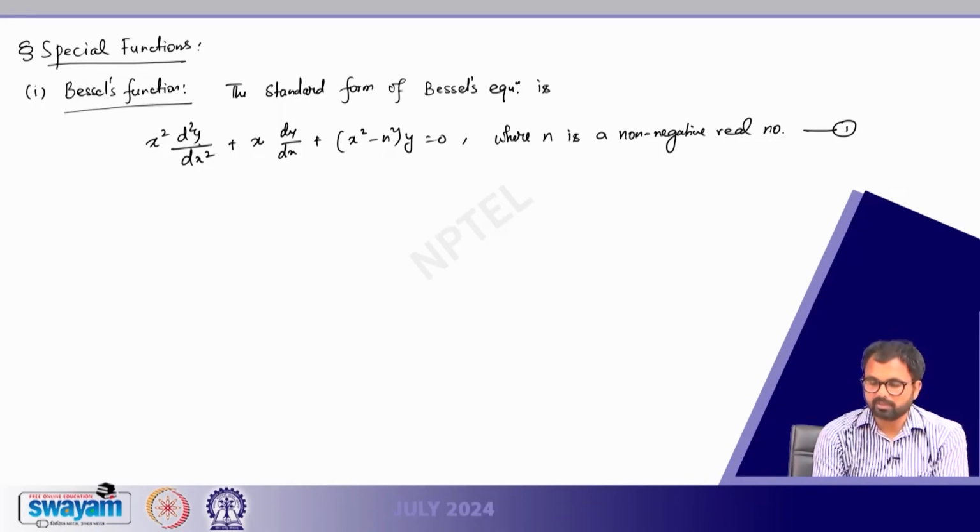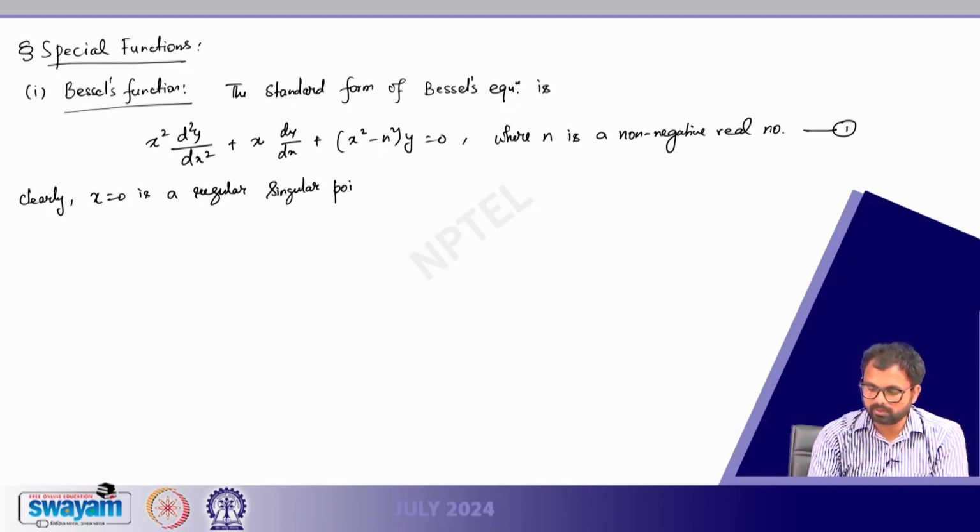From here it is very evident that x equals 0 is the singular point. We can see clearly that x equals 0 is a regular singular point of equation 1, and we have already seen the definition of a regular singular point.